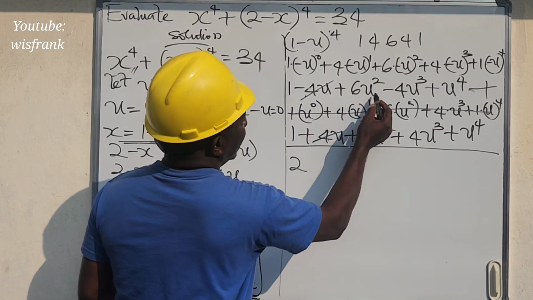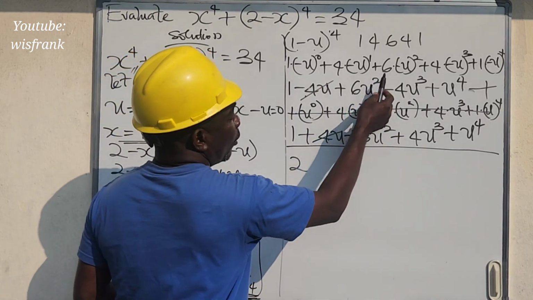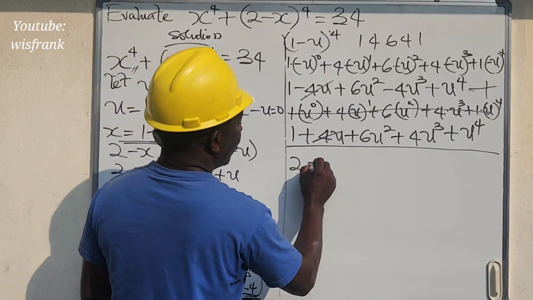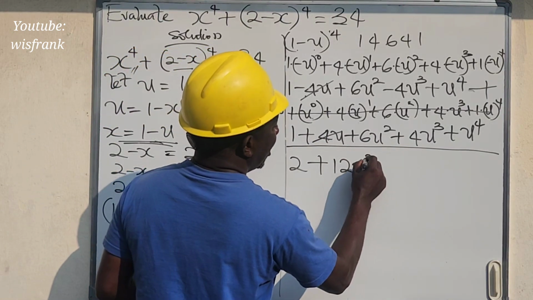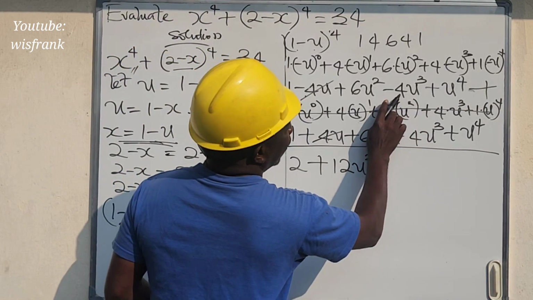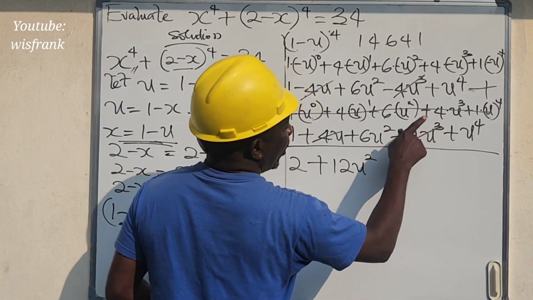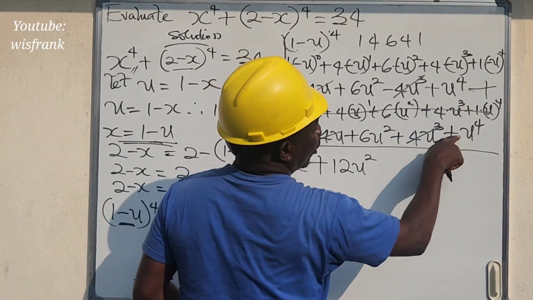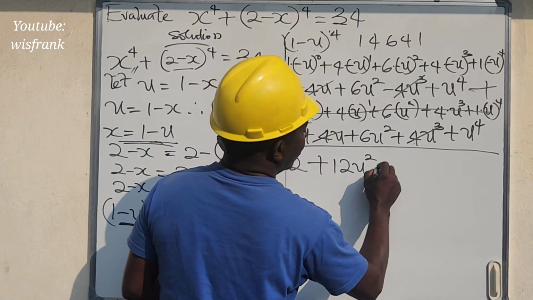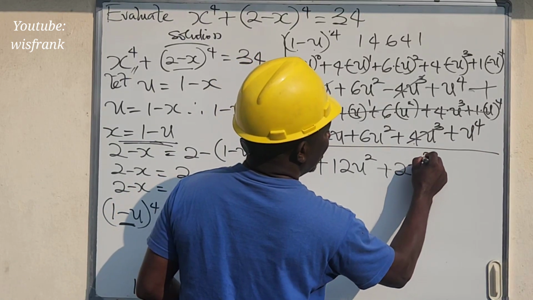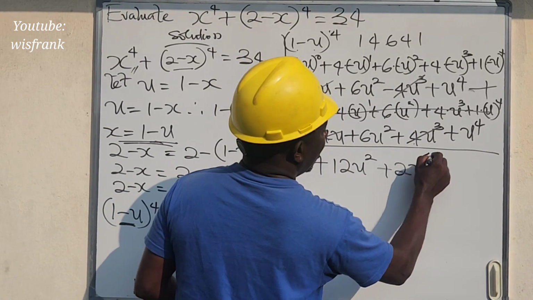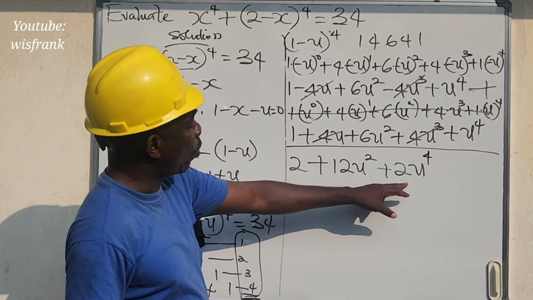We are now left with 6u^2 plus 6u^2, which will give us 12u^2. Then −4u^3 plus 4u^3 cancel each other. We are now left with u^4 plus u^4, which will give us 2u^4. So this is what we have.